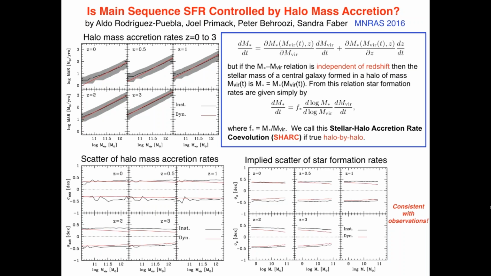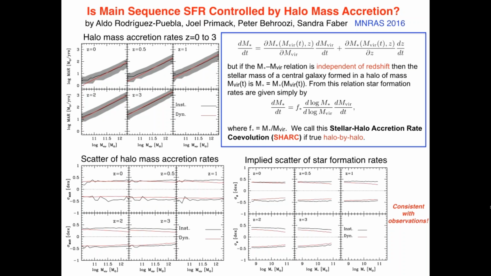If you use this relation that I just mentioned to get the star formation rate in terms of the slope of the stellar halo mass relation times the accretion rate, you get the lower right-hand panel, which shows that the predicted dispersion in the star formation rate on the main sequence is very comparable to what we actually see. We also noticed, upper left panel, that the mass accretion rate really behaves as a function of redshift very much the way the star formation rate does.